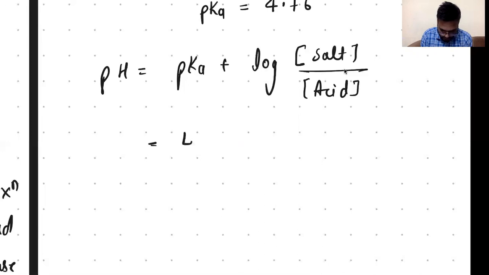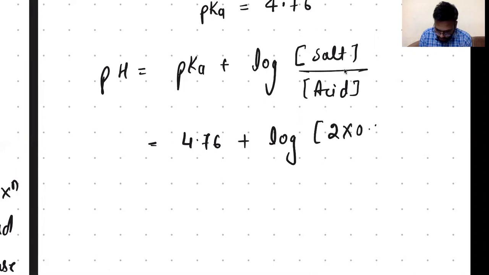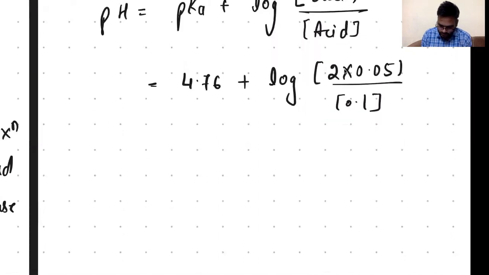Let's put the value: 4.76 plus log of 2 into 0.05 upon 0.1. If we see, this will come as log 1, and the value of log 1 is 0. So pH will come out as 4.76.